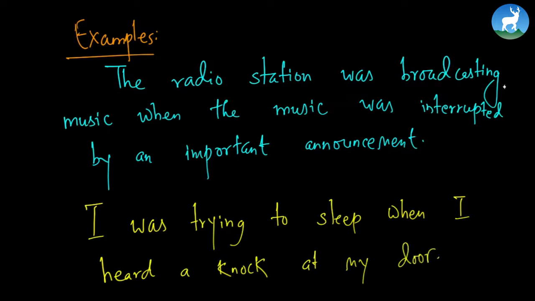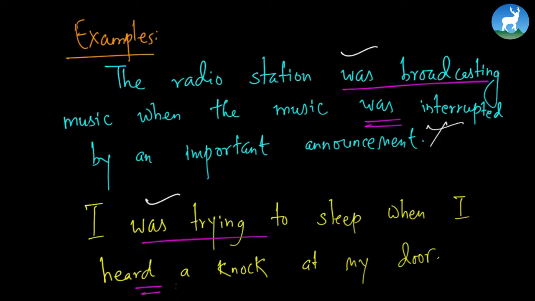So let's find out the tenses. The radio station was broadcasting music when the music was interrupted by an important announcement. I was trying to sleep when I heard a knock at my door. So something was going on continuously, you see, and it was interrupted by another action. The radio station was broadcasting music, and then all of a sudden it was interrupted by an important announcement. So that is why we call it interrupted continuous action.